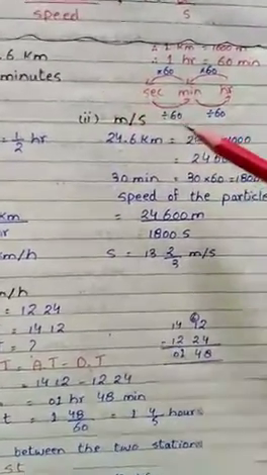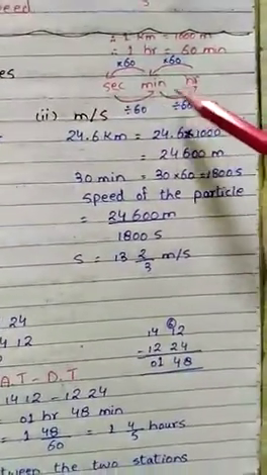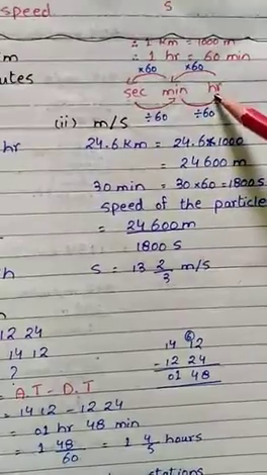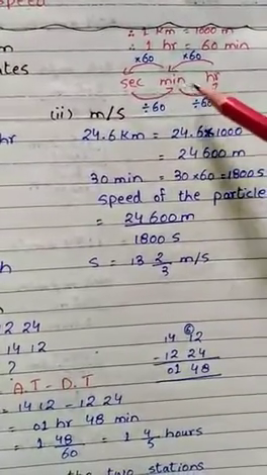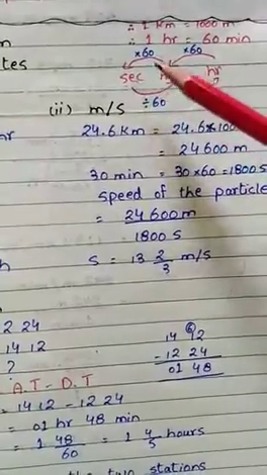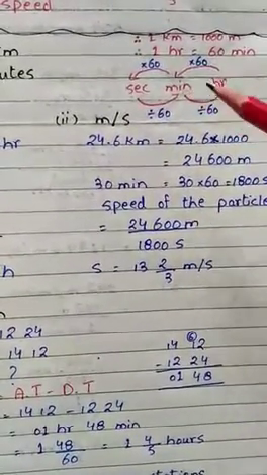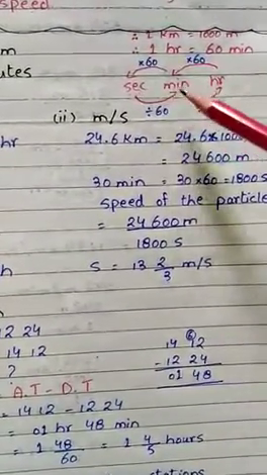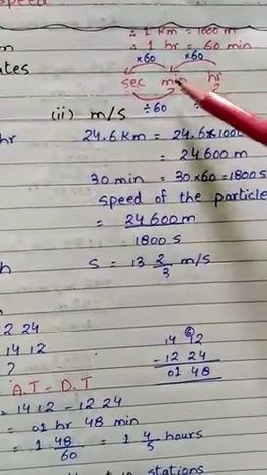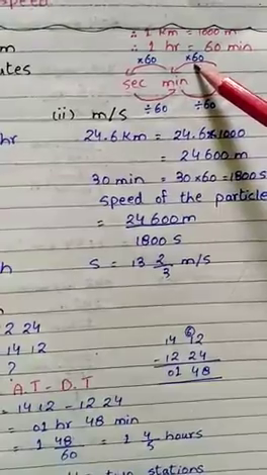Before converting, first you need to draw this table. The smaller unit is second, then minutes, and then hours. We know that 1 hour is equal to 60 minutes and 1 minute is equal to 60 seconds. Again the same thing: when we convert from the smaller unit to the bigger unit, we divide, and when we convert from the bigger unit to the smaller unit, we multiply.